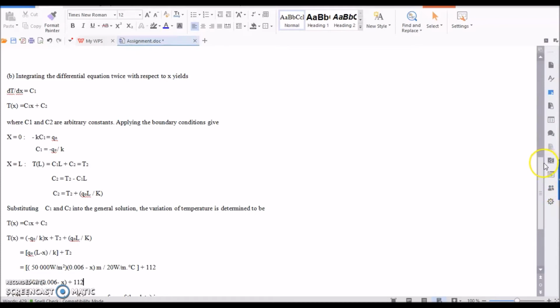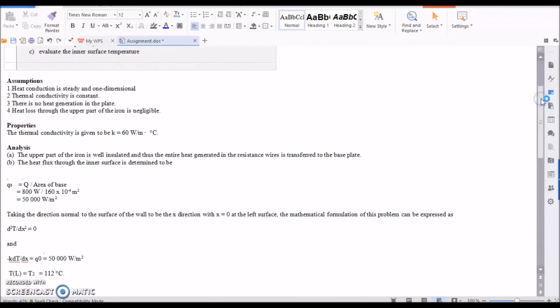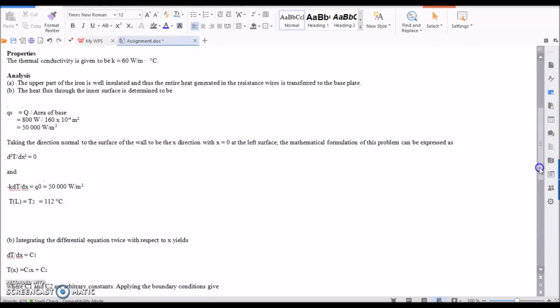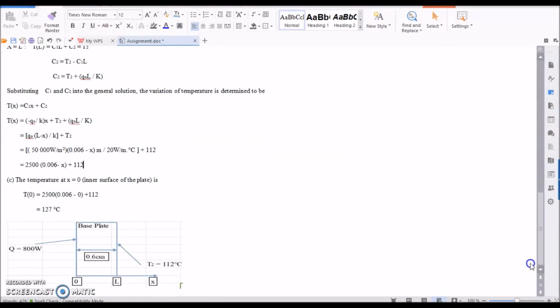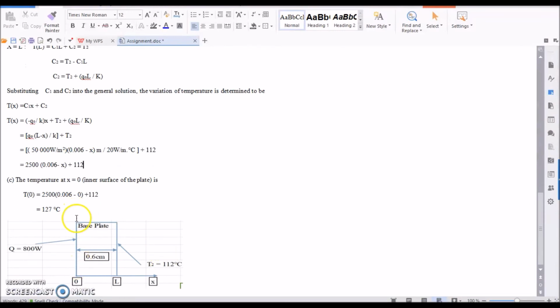Okay, let's continue for part C. For part C, the question asks to evaluate the inner surface temperature, which is T1. The inner surface is this, on the left side.